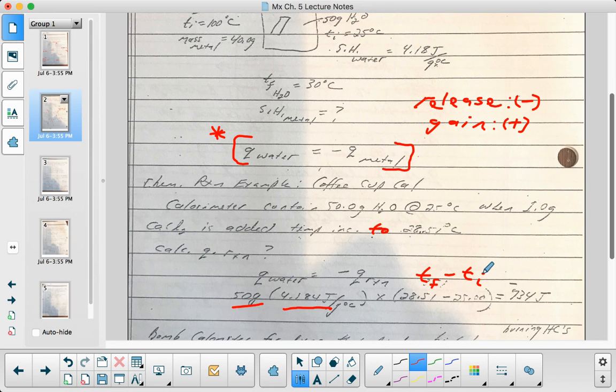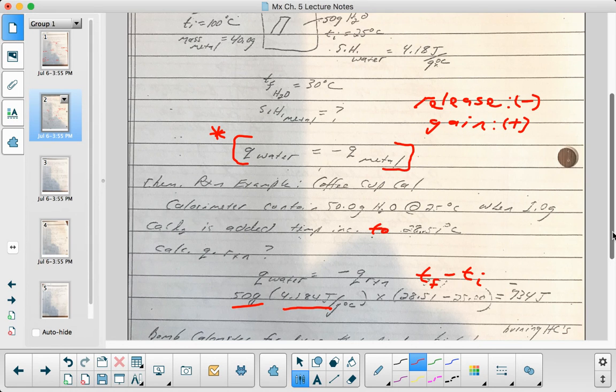So in this process, what we come up with is a Q value that's positive, the Q of the water, because 28 minus 25 gives a positive value on this side. So the Q of the reaction is negative.